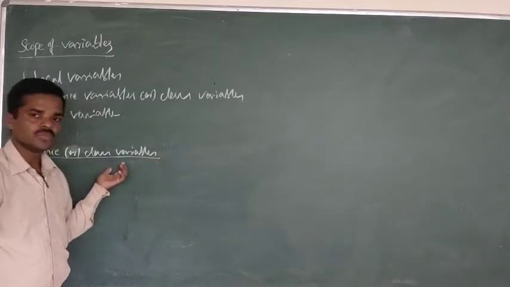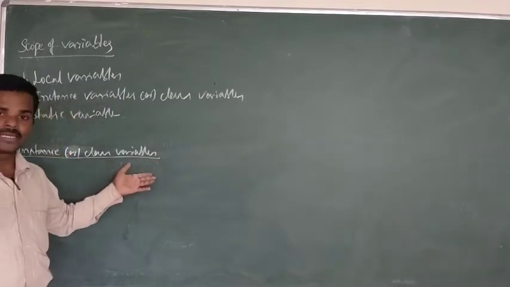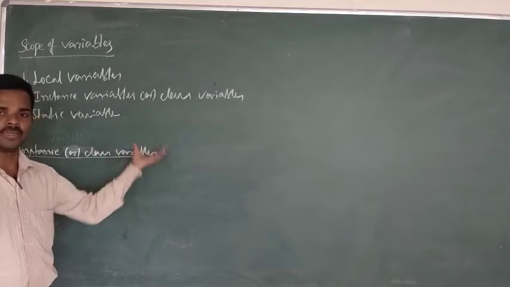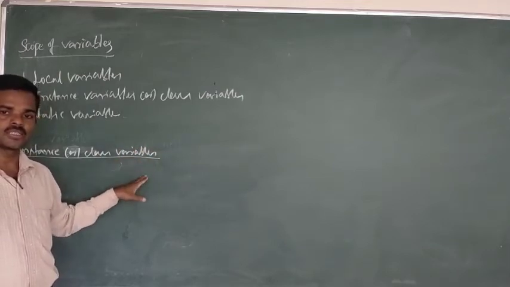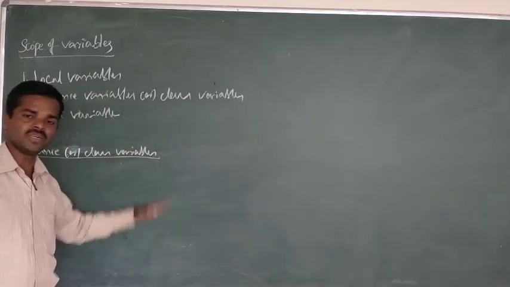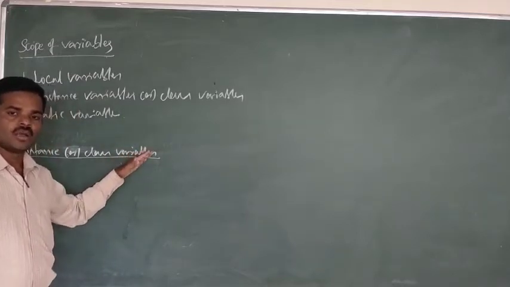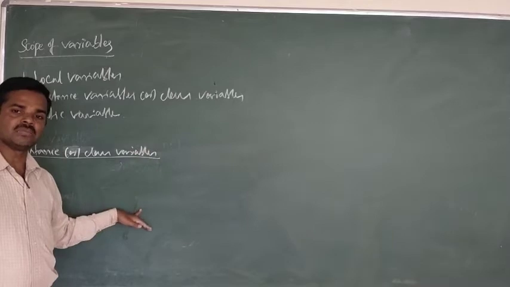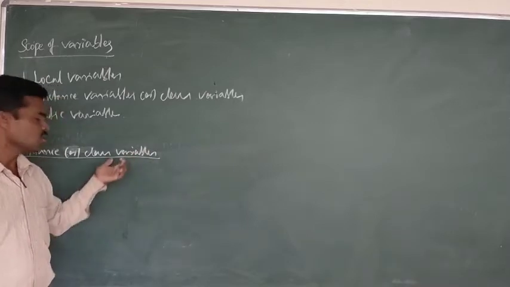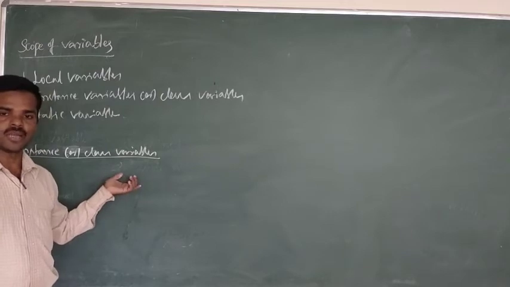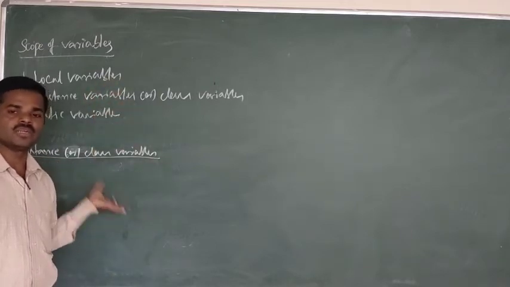Once you declare them inside the class, they are accessible anywhere in that class. We can access them inside any method, any constructor or any block, because they are class-level variables.